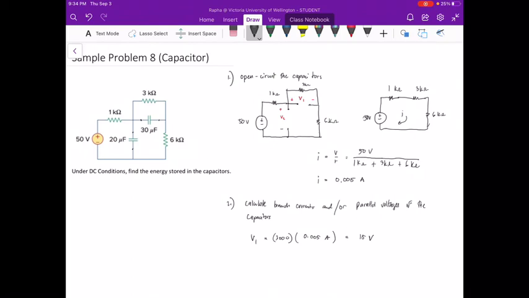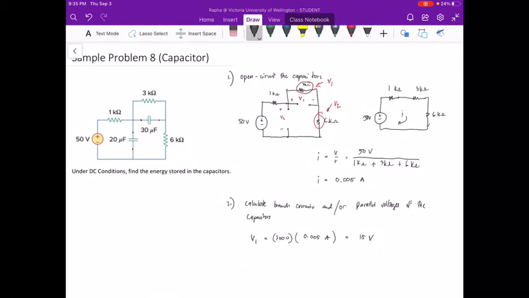The way that we solve V1 is we basically solve the voltage across this resistor network over here. Since we've learned that in parallel circuits voltages are equal, we can just solve the voltage by looking at its parallel branch. The same would be true for V2 in the 6 kilo ohm resistor.